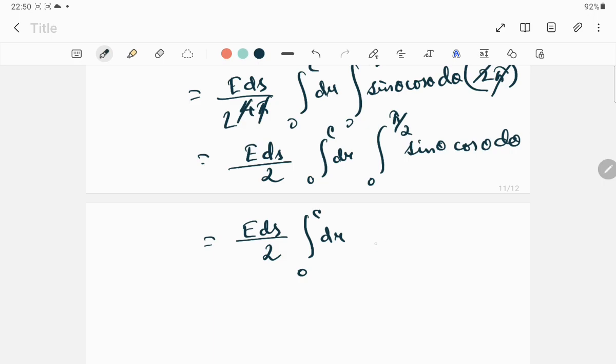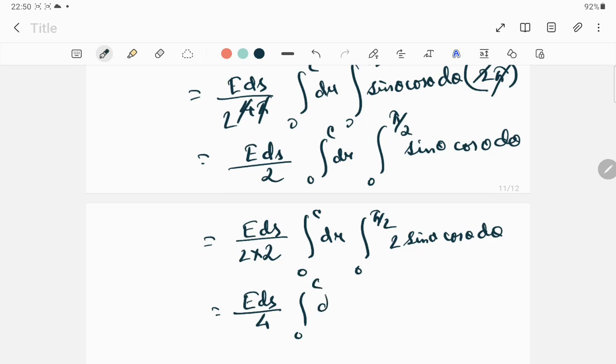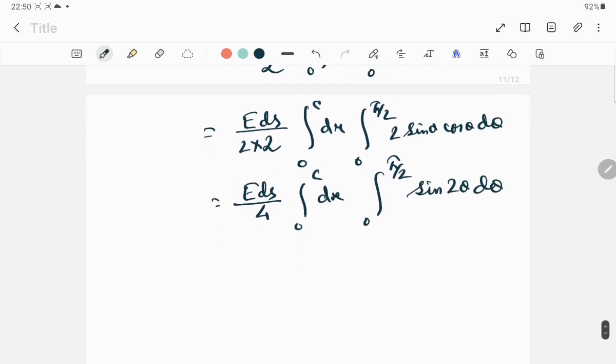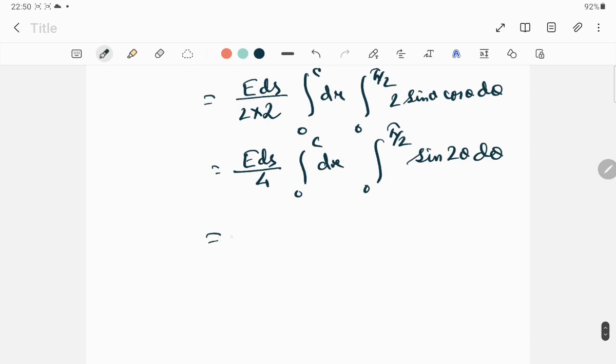So if I multiply 2 sin theta cos theta d theta, so here again I have a 2. So E ds by 4, 0 to c dr, so 0 to pi by 2, it is sin 2 theta d theta. And we know that the integral from 0 to pi by 2 of sin 2 theta d theta is nothing but 1.